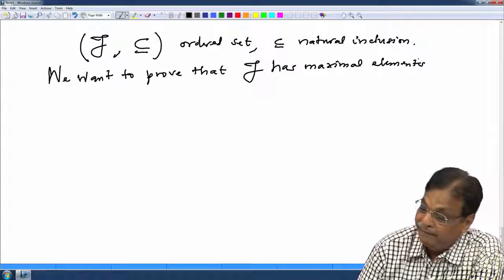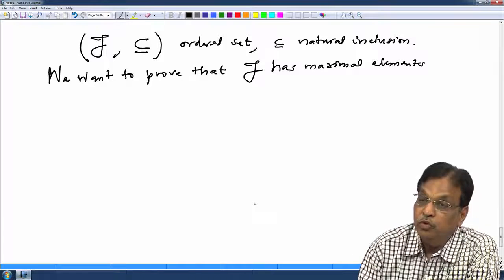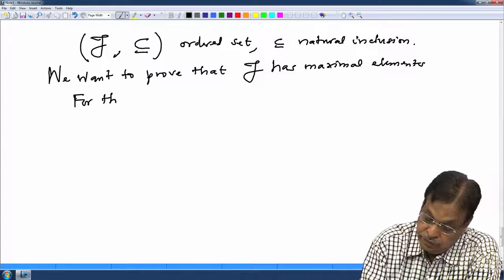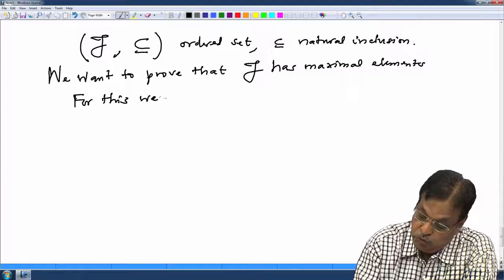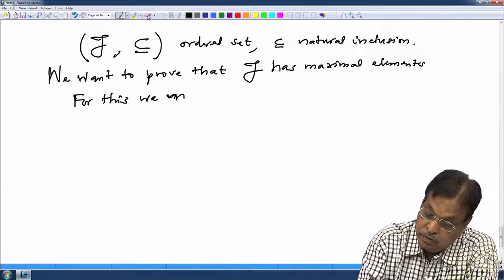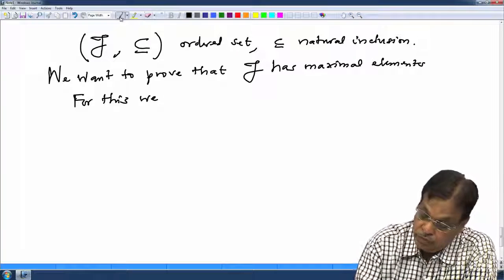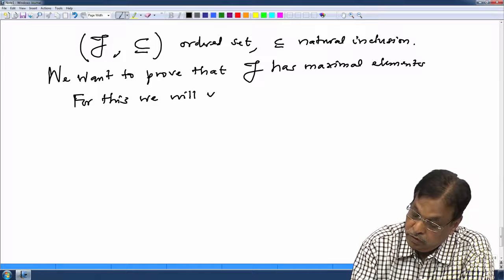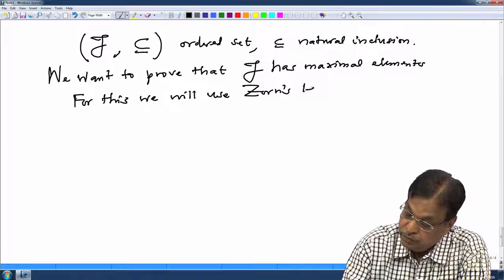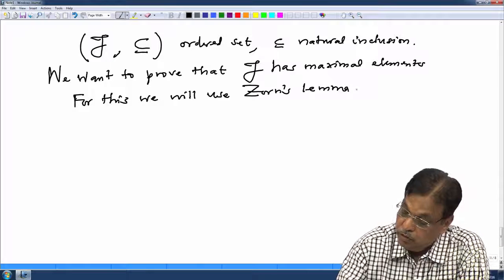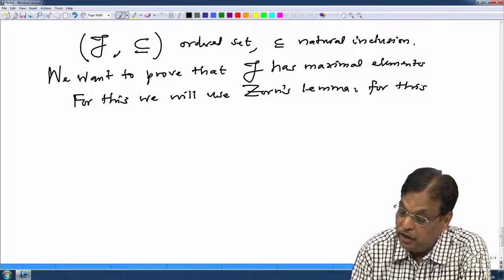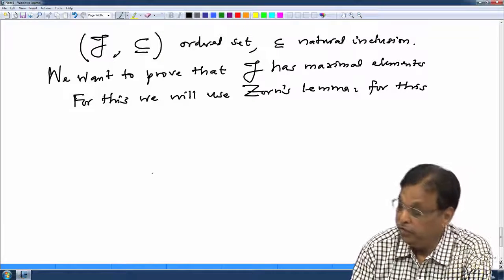For this we want to use Zorn's lemma, but for this we need to check the assumption given in Zorn's lemma.